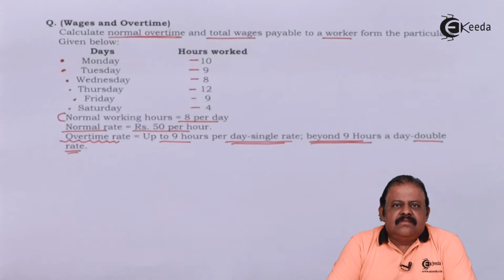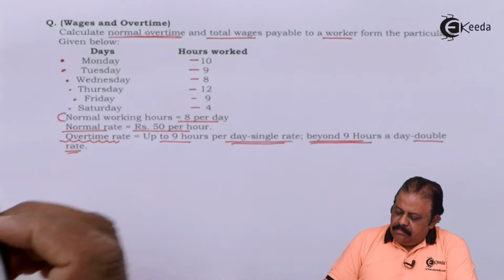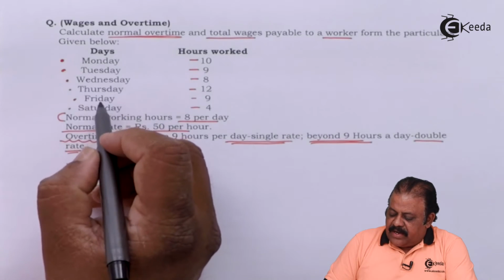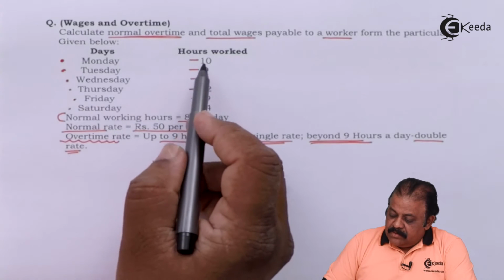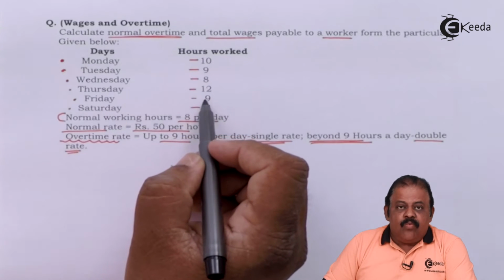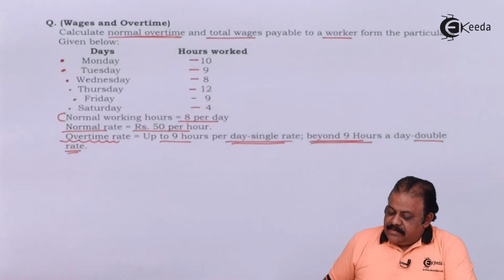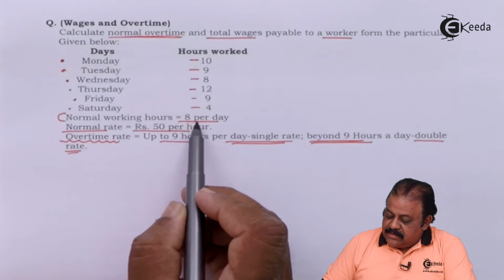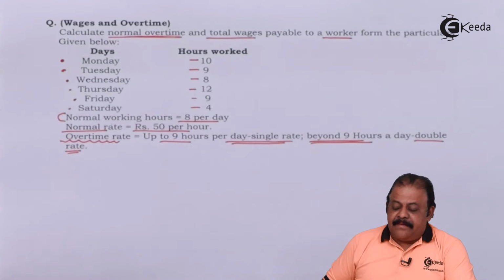Let us start the computation. All days are given here: Monday, Tuesday, Wednesday, Thursday, Friday and Saturday. They have given actual hours worked. They also said normal working hours is 8 per day.